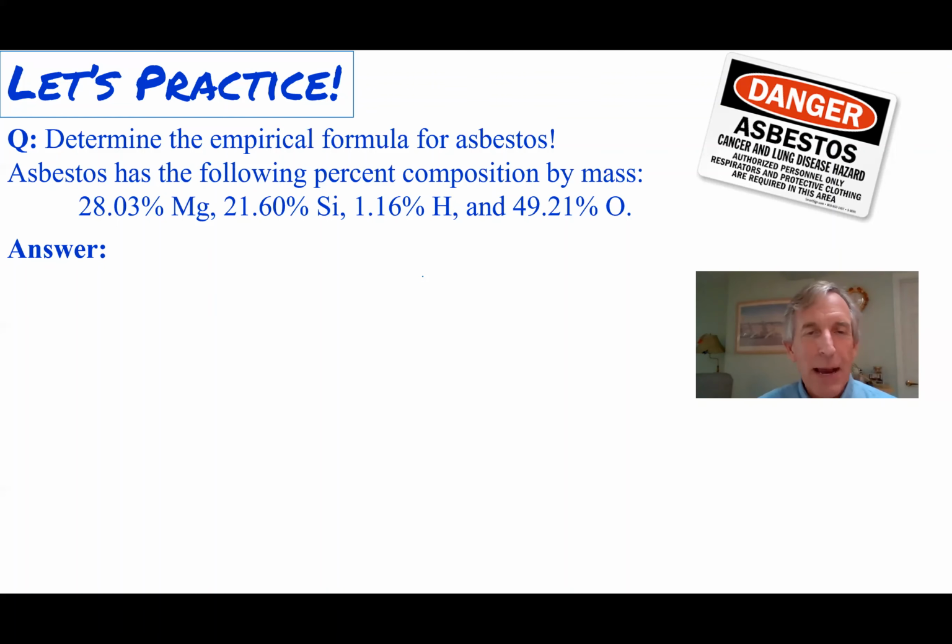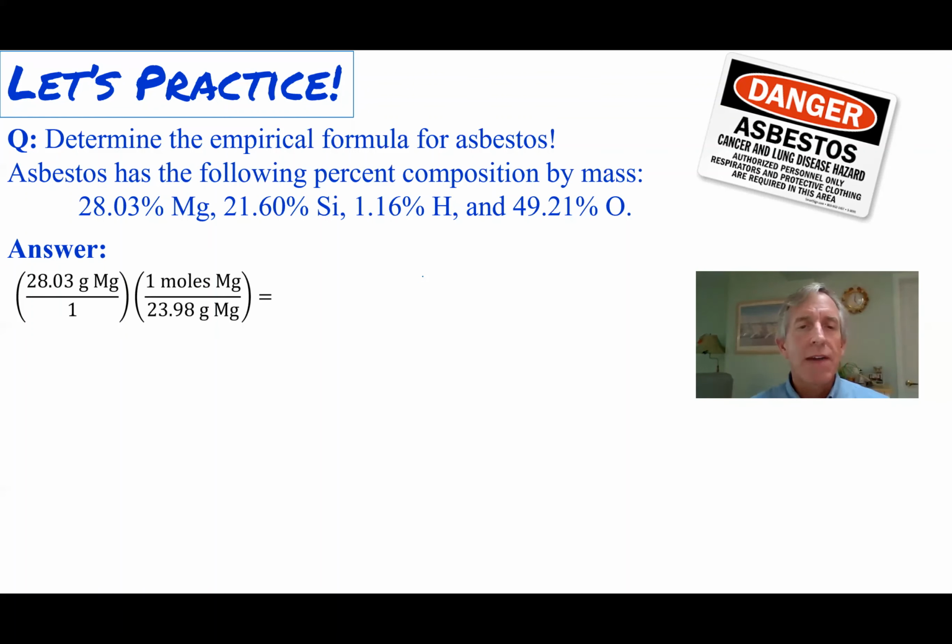All right, welcome back. Let's see if you did the problem and got the same answer I did. Again, I'm assuming you have 100 grams of asbestos. Oh, nasty stuff, full hazmat suit and all. But then I can convert each of these percentages, like 28.03% of Mg, magnesium, directly into 28.03 grams of magnesium.